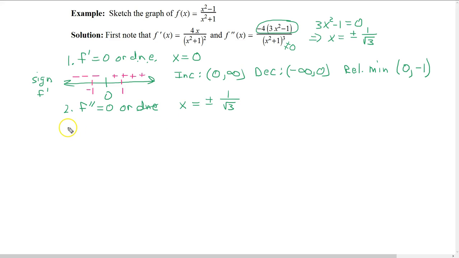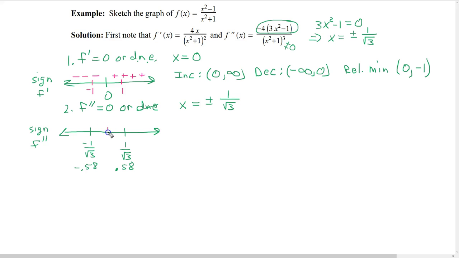So let's set up our sign pattern now for the second derivative, marking off plus and minus 1 over root 3. Now, 1 over root 3 is approximately 0.58 and -0.58.